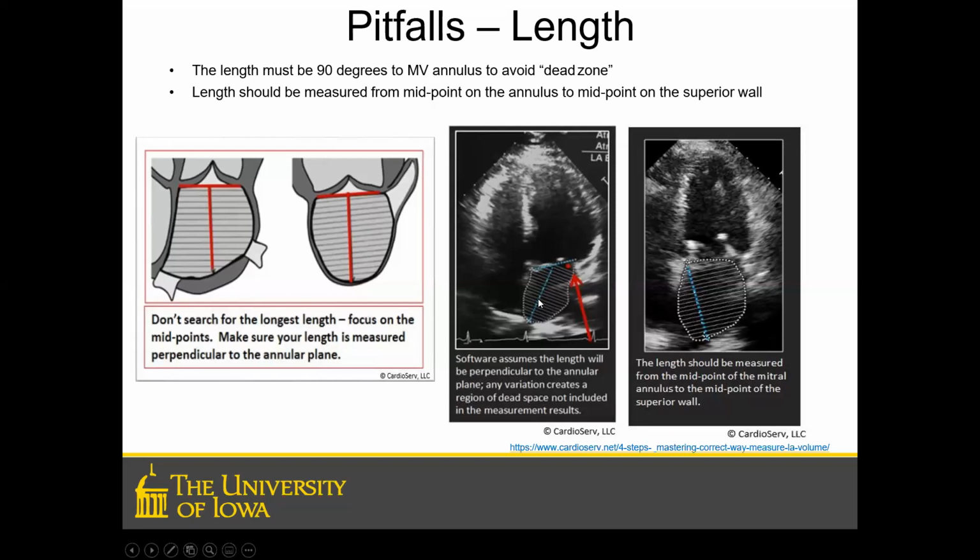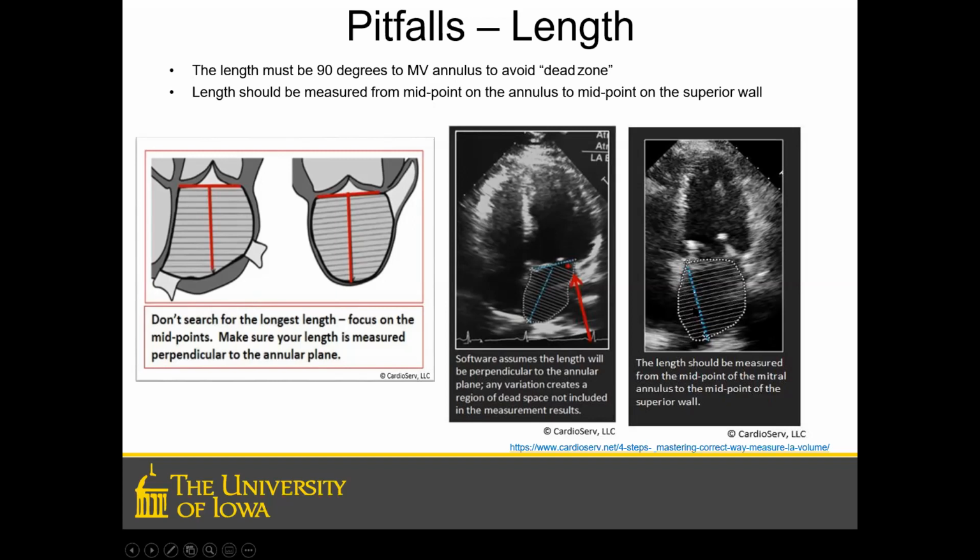And then when it fills in the method of disc, you see this dead space where the red dot is. So you're missing some calculation of space because of that. So this length should have been moved to here. And then all of these would be lined up and you'd get it filled in.